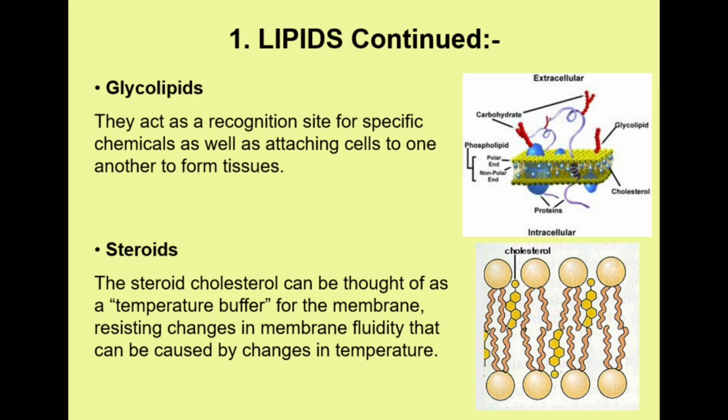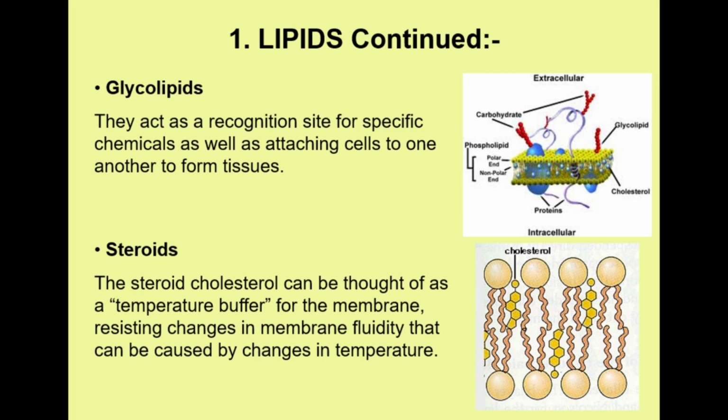What cholesterol does is it sits between the phospholipids, preventing them from getting too close to each other, so it prevents them from solidifying, but it also holds on to them and prevents them from separating. This is what we mean when we say that they act as a kind of temperature buffer. They help to maintain the optimal fluidity of the membrane.